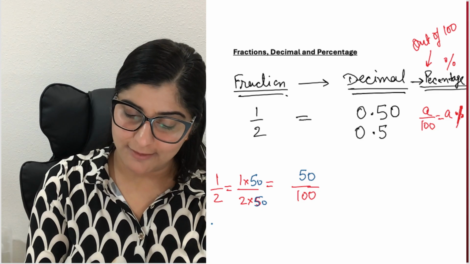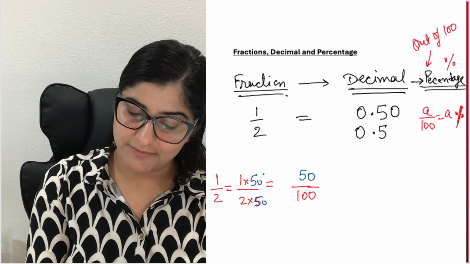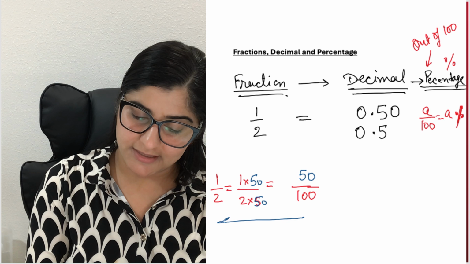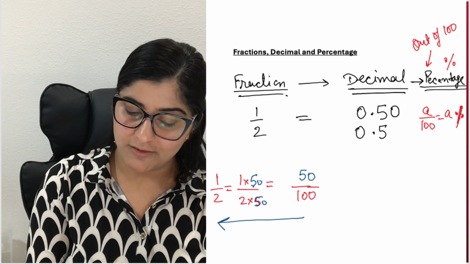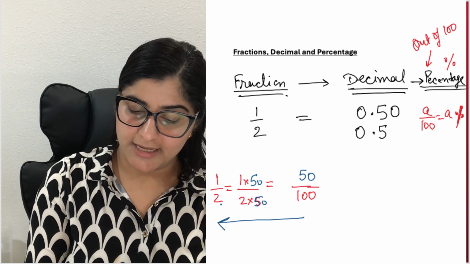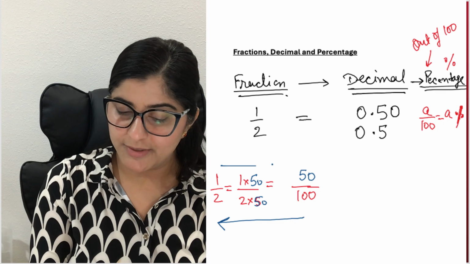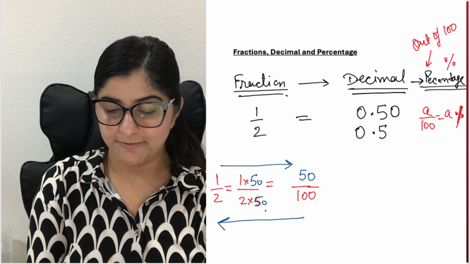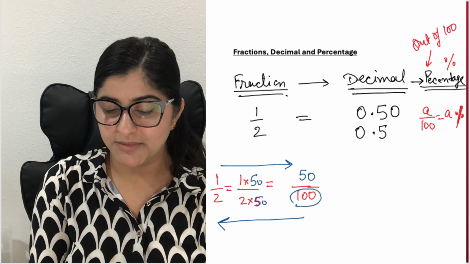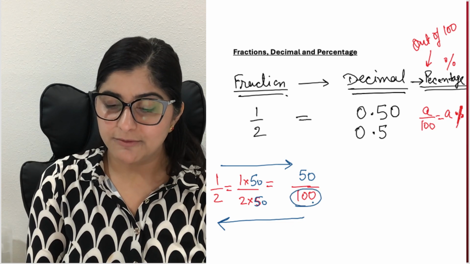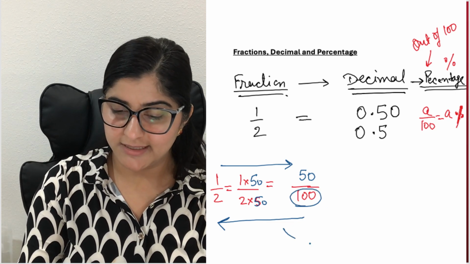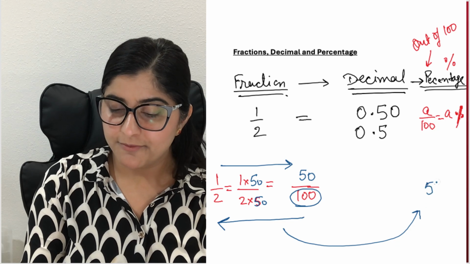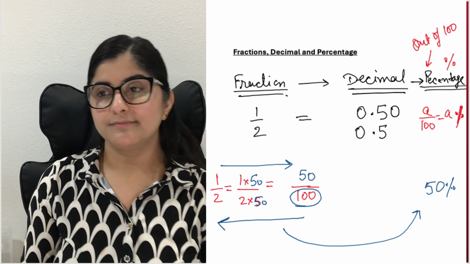If you go backwards, we see that 50 is a common factor. In this direction we cancel out one copy of 50 and we get 1 over 2. Now going in this direction, we multiply both the numerator and denominator by 50 because we need the denominator 100. So 50 out of 100. How do we write this as a percentage? 50%.